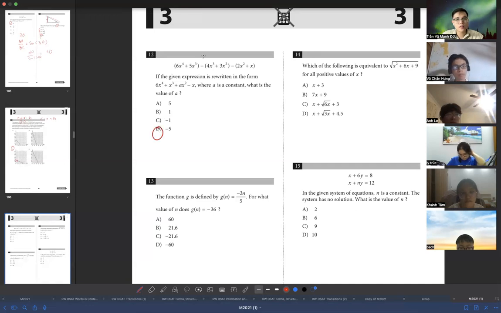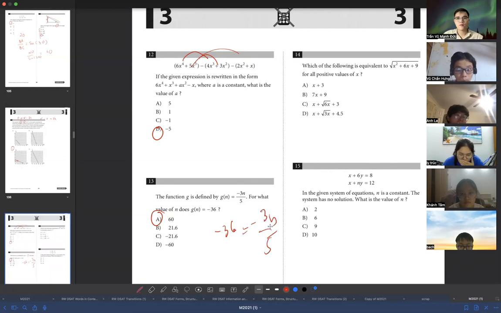It's just combining the polynomials. It's very simple, just simple maths. 13 is A. A, very simple, just minus 36 equals minus 3n over 5. 14 is also A.